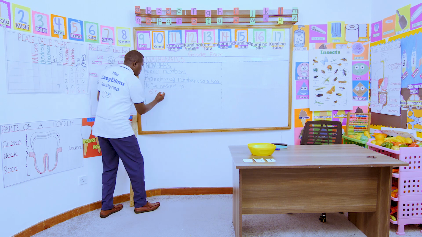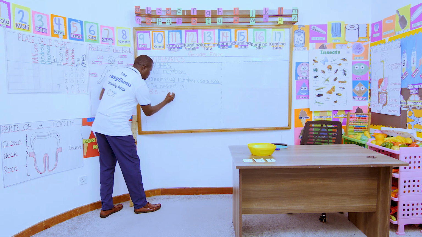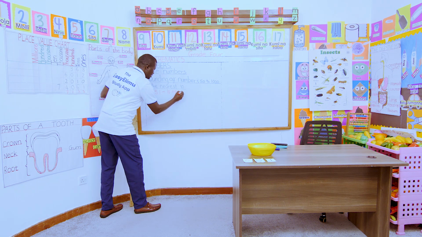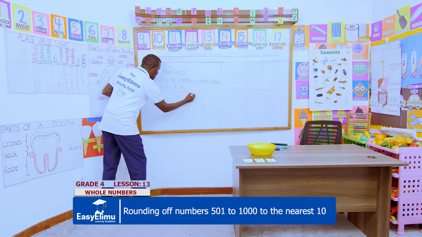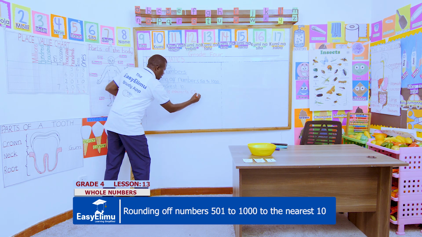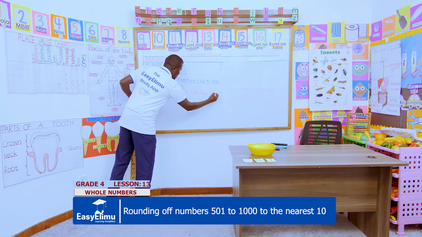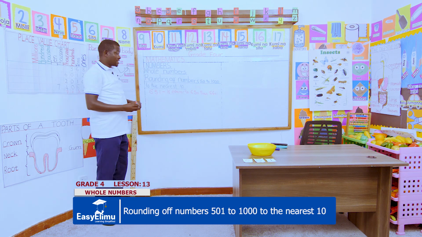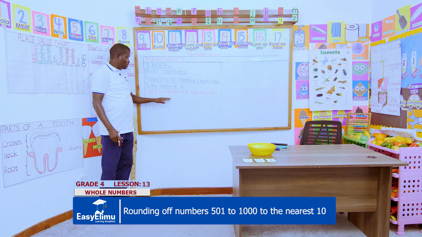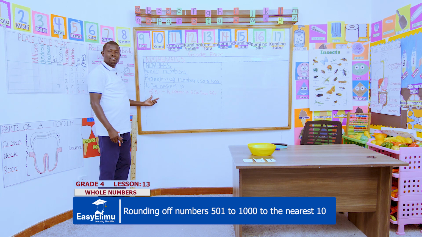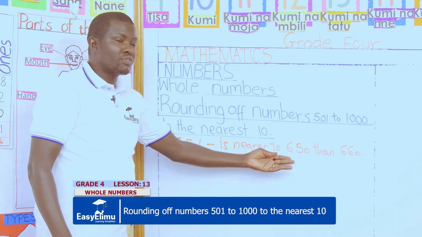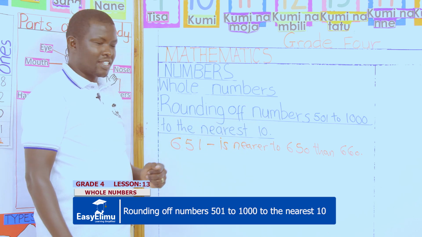We say this number is nearer to 650 than 660. Class, that is what you've observed and given me as the answer. 651 is nearer to 650 than 660.